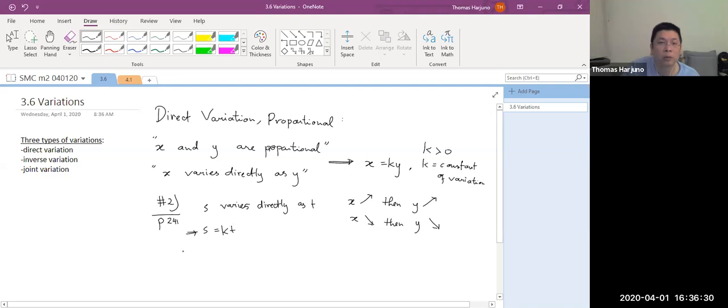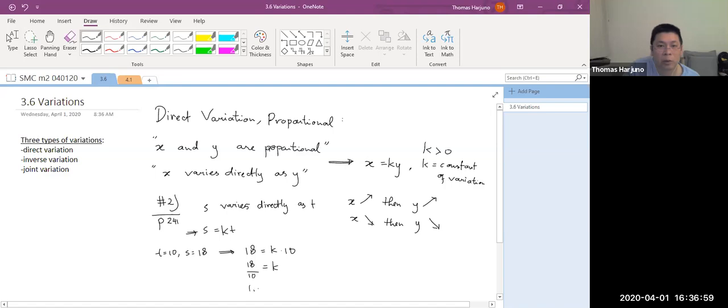Now, when we read further, it says that T equals 10 when S equals 18. It means 18 equals K times 10, therefore K is 18 over 10.